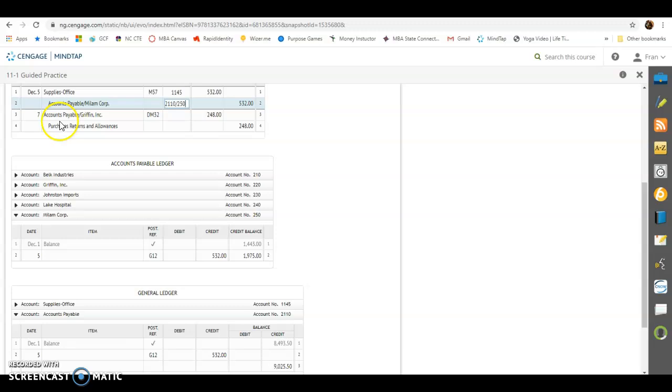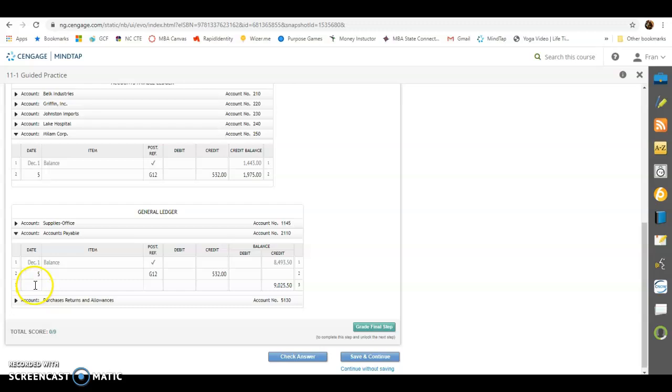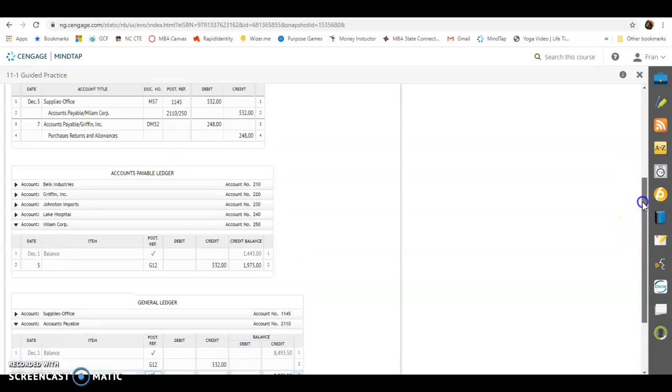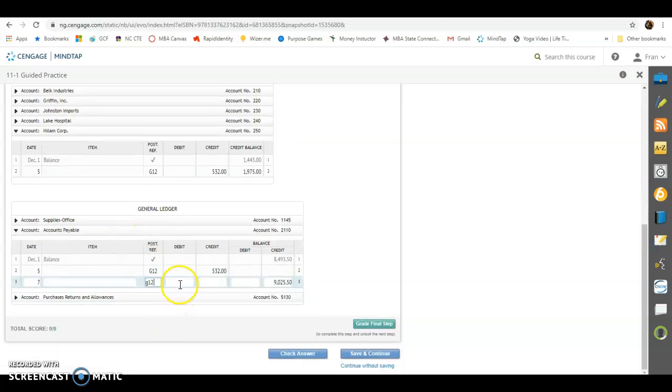Okay, so we're going to have something similar to that here with accounts payable Griffin Incorporated. We're going to come down here to the accounts payable ledger on the 7th, G12, and that was a debit for $248. So here's the debit, $248. Since it's a, oops, I put that on the wrong place.